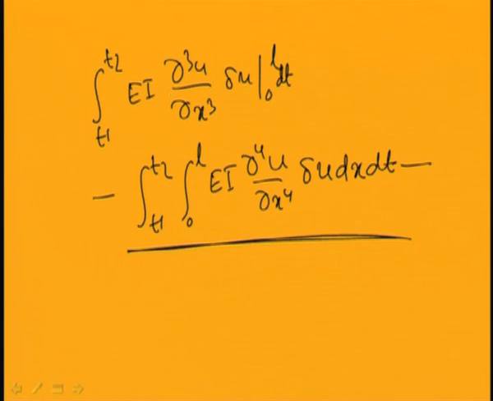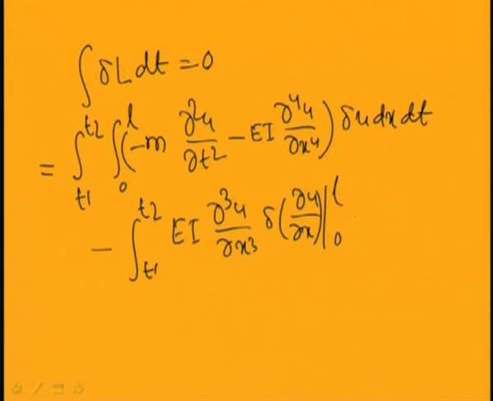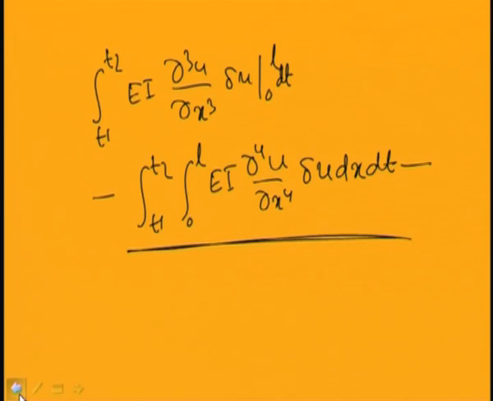So, this is the other term, so this is plus integral T1 to T2 EI del square u by del x square.